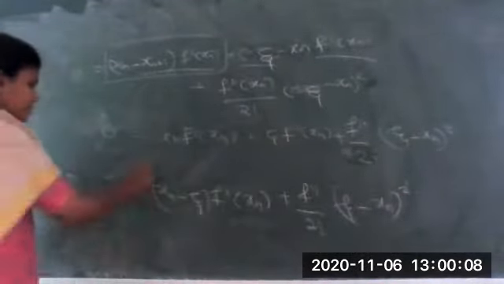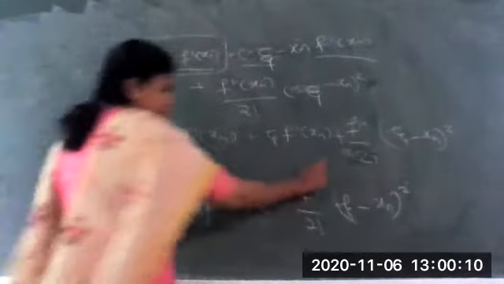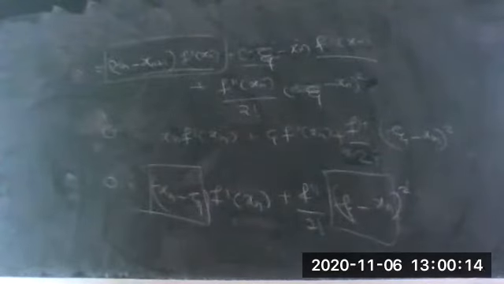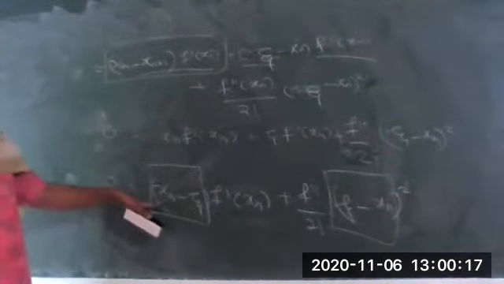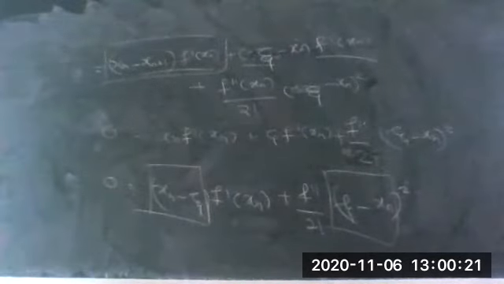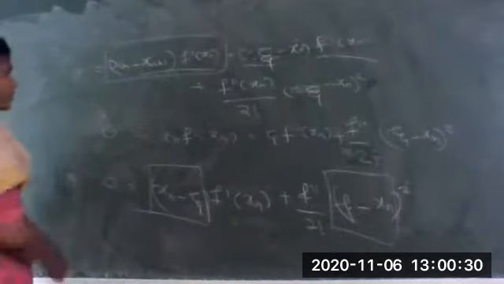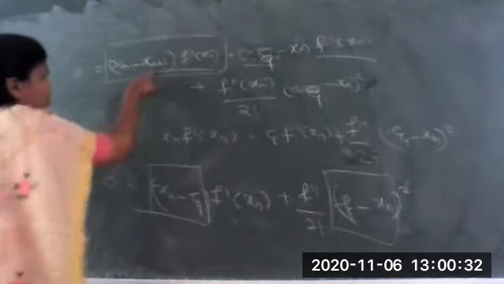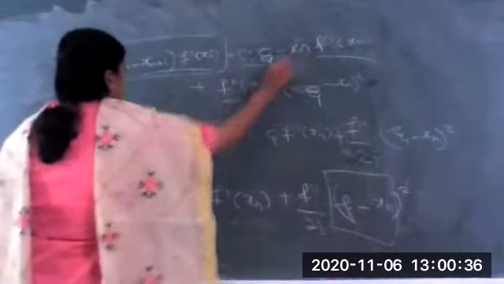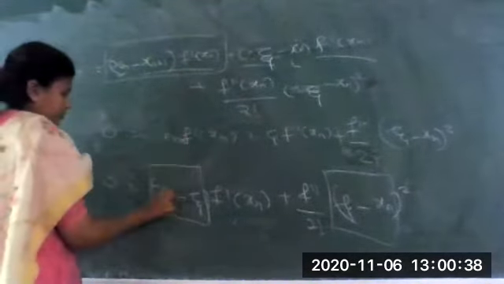What is the value of zeta minus xn? It will simply be the error. xn is the nth approximate root, zeta is the exact root, so we can write it as epsilon n. Here we are remaining with xn plus 1.